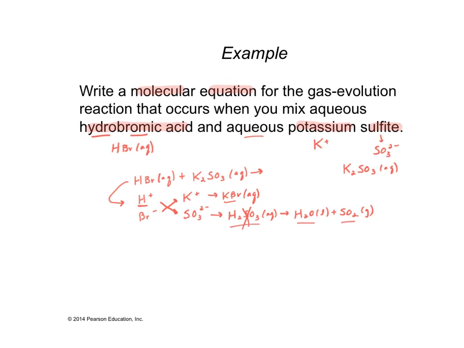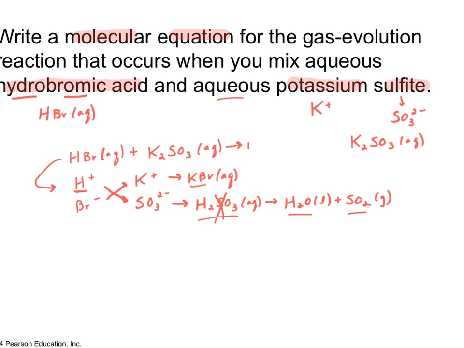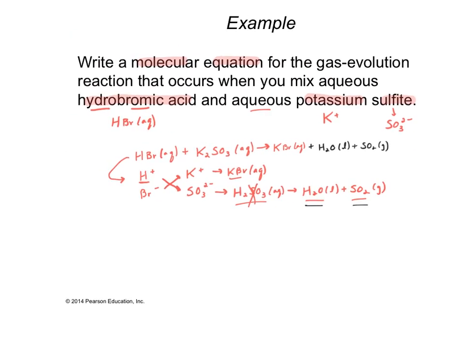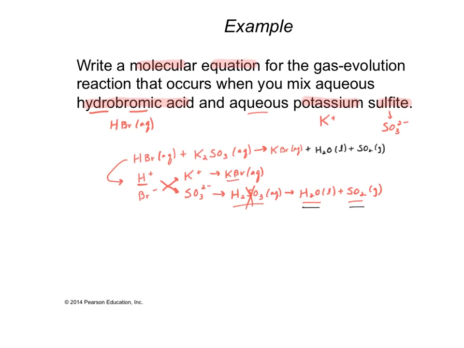So I'm going to write everything out as my molecular equation. I've got HBr aqueous plus K2SO3 aqueous, giving KBr aqueous, plus H2O, which is a liquid, plus SO2, which is a gas. Okay, so this would be the correct molecular equation for this reaction.